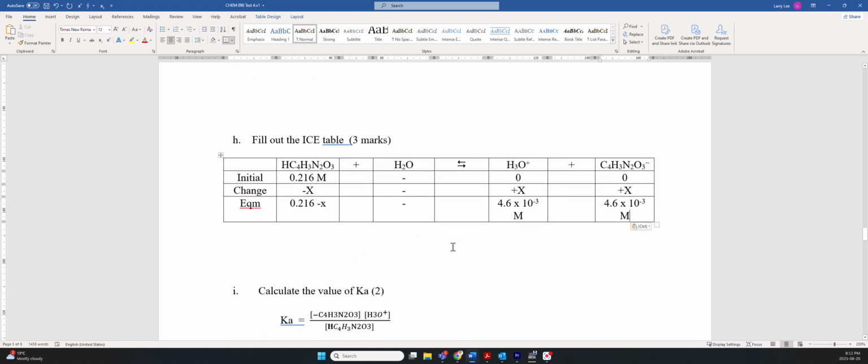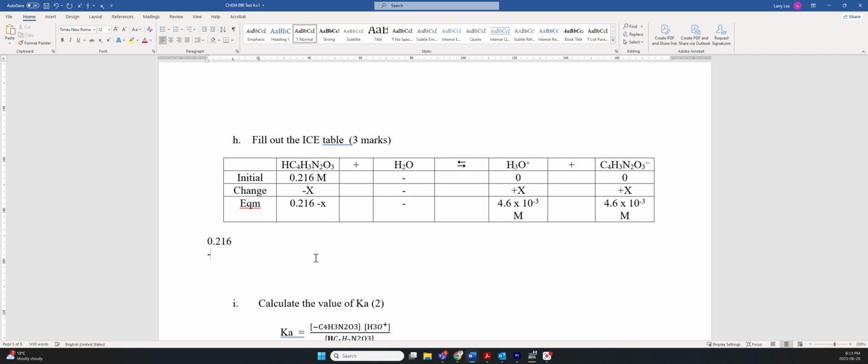So you take 0.216. You cannot say that you're assuming that this is going to be a very small number for x, not here. Can't say it here. So because when you subtract this, 0.0046, what is that going to give you? 0.216 minus 0.0046 is going to give you a value of 0.2114.